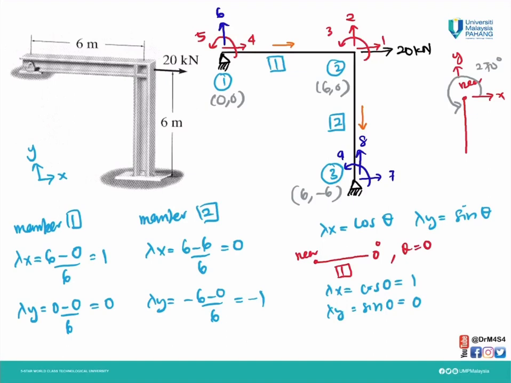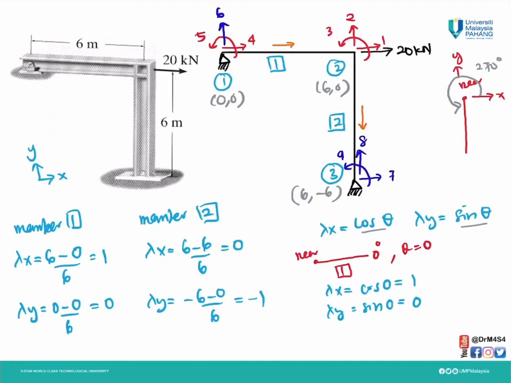So find what cos 270 is and what sin 270 is. This is another method to find lambda x and lambda y, by using the angle. But please be careful, you need to identify the direction of your angle correctly. If not, you will get it wrong. The best way is using coordinates, so fewer mistakes will happen.